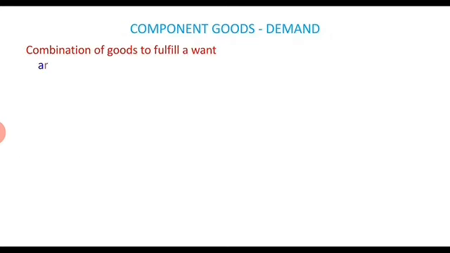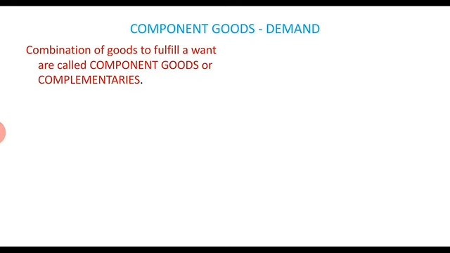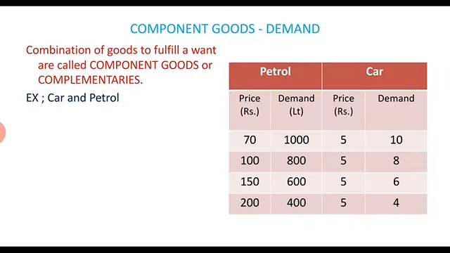Complementary goods. A combination of goods to fulfill a want are called complementary goods or complementaries. For example, car and petrol. If we observe the table, when the price of petrol increases, the demand for cars will decrease.